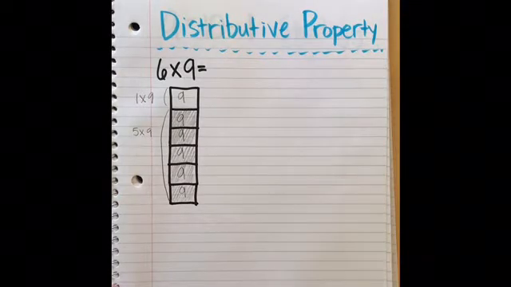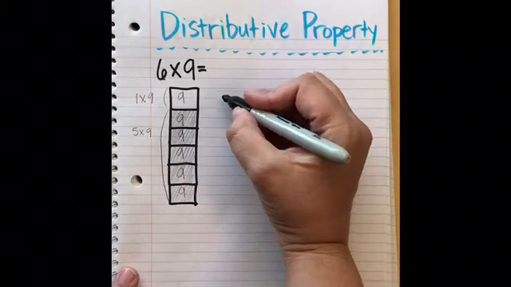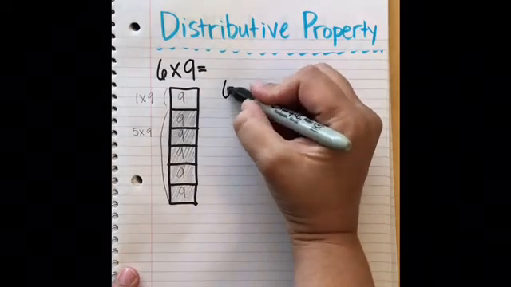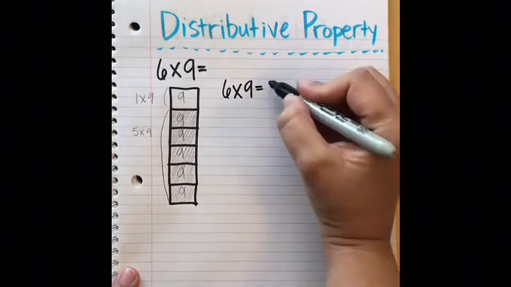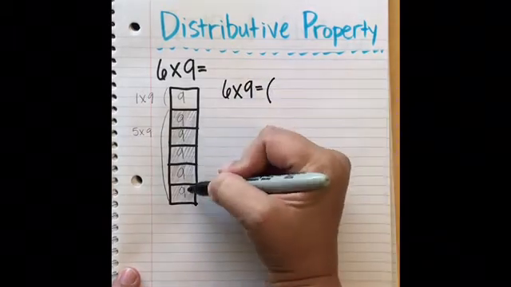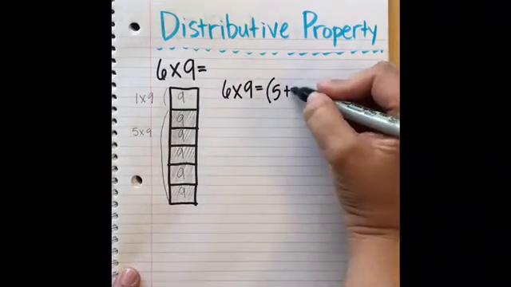We're going to write them down like how Engage New York does it, so that when you see it in class on a worksheet or a quiz, you're not so confused by it. So I want you to write this first one down with me. So we just figured out that 6 times 9 equals 5 9s plus 1.